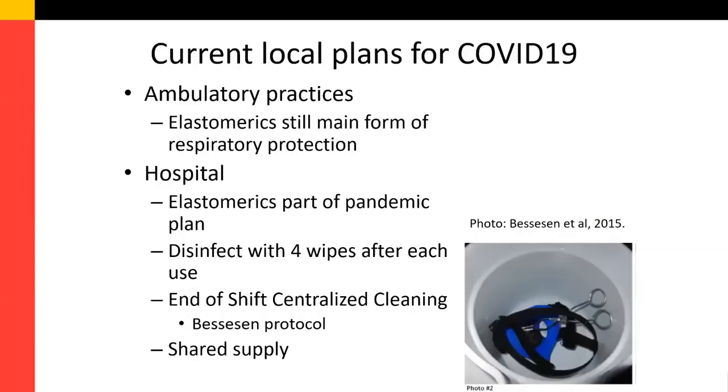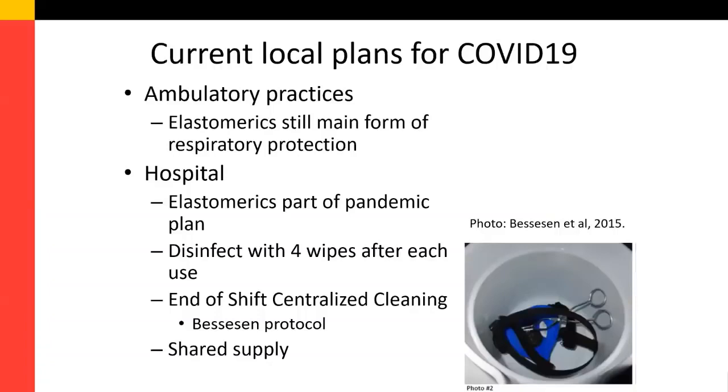In our ambulatory practices, elastomeric respirators are still the main form of respiratory protection, and those outpatient workers are fit tested every year and have their own respirators. In the hospital, elastomeric respirators are part of the pandemic PPE plan.